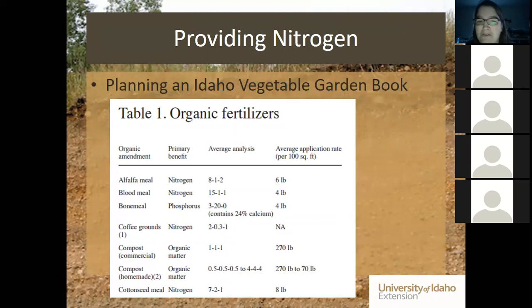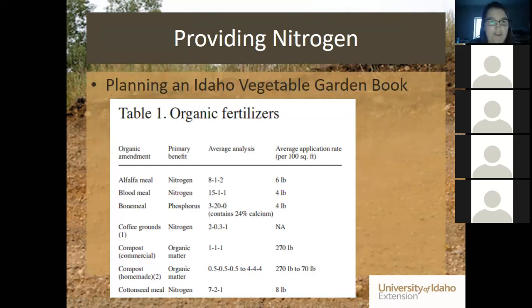So compost works really good. Its primary benefit is organic matter. It can be really hard to get your nitrogen from just the compost. So if there's anything that you want to cheat on, even if you're trying to grow organically, probably chemical fertilizer when it comes to nitrogen may be something you have to look at.